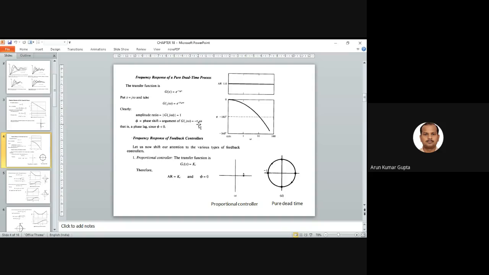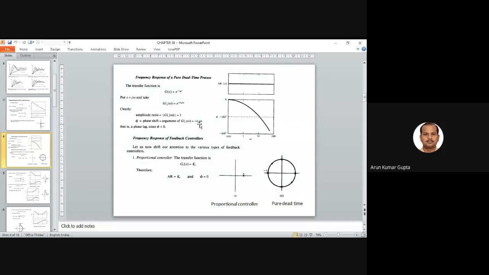So when you change the omega value, it starts from 0, and as omega goes to infinity the phase angle goes toward minus infinity.